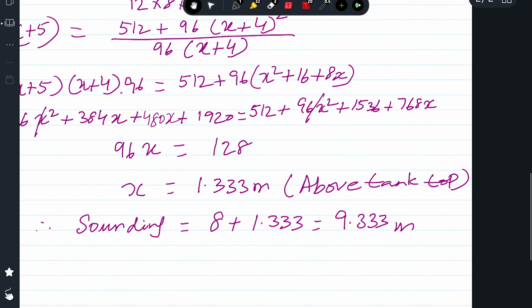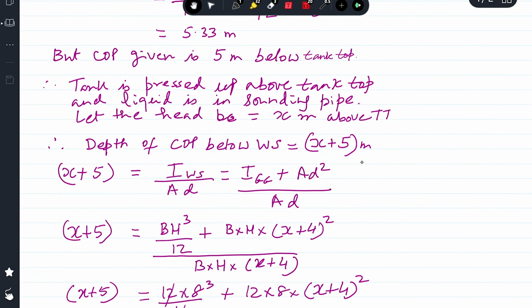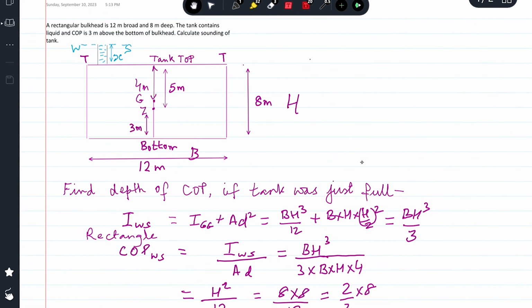This is the procedure, because if you have not done it before and you encounter this question in the exam, it will take some time before you can think about how to go about it. So it's better that you have practiced this kind of question where you have to find the sounding of the tank.